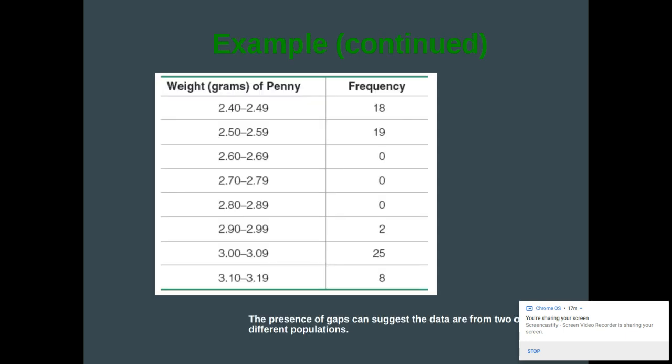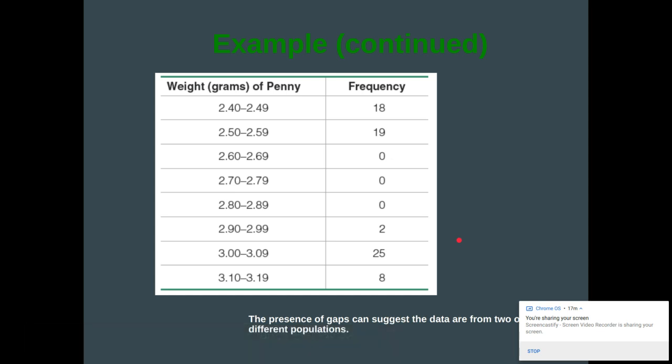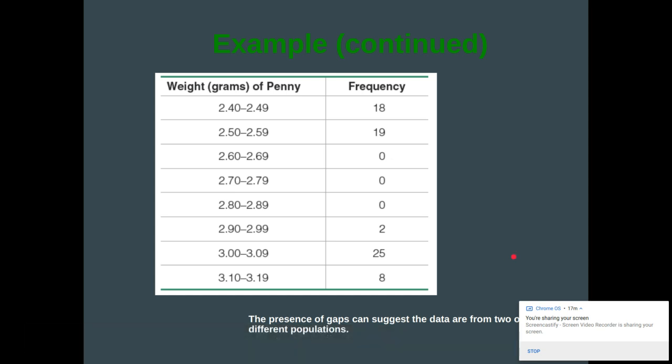And so because of that, we get this gap. We have a group of pennies that weighed here and a group of pennies that weighed down here. And so that can be caused by a natural variation in whatever it is that you're studying. In this case, pennies. One group is pre-83 pennies, one group is post-83 pennies. I don't know which group is which, but if someone is more inclined with chemistry and weight and everything like that, let me know.